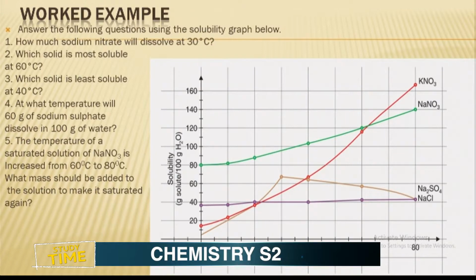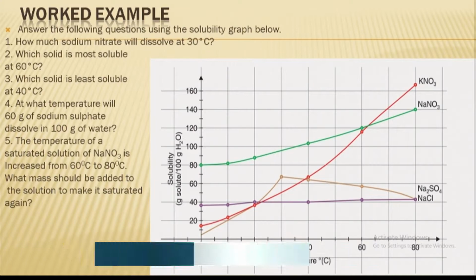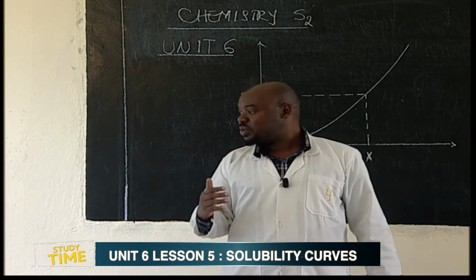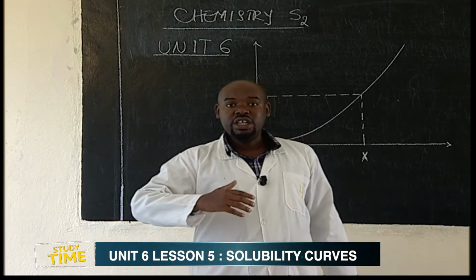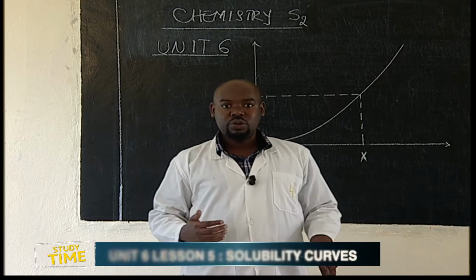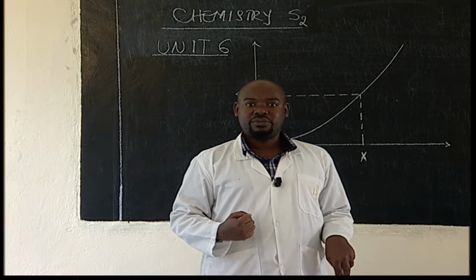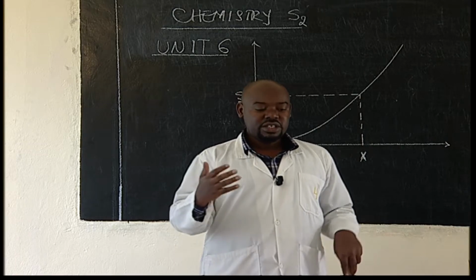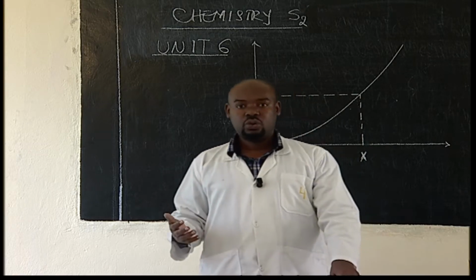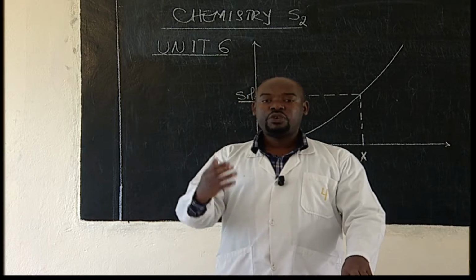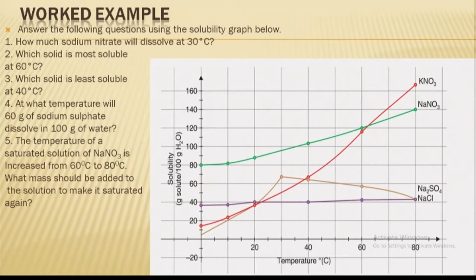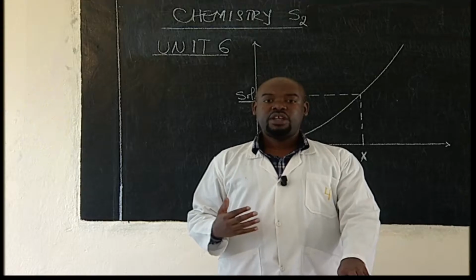And the difference is 20. So if you increase temperature from 60 up to 80, you will need to add more 20 grams to make the solution saturated again. It is how you can do even if you want to find the mass which will precipitate out when you decrease temperature.